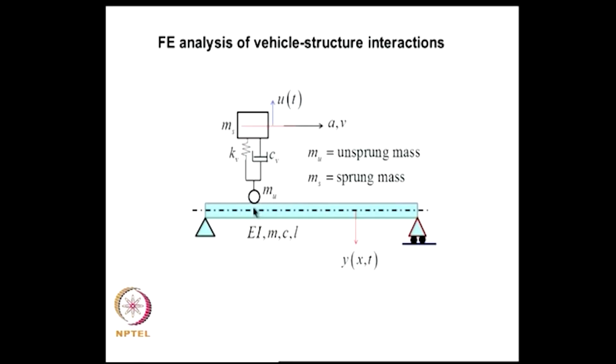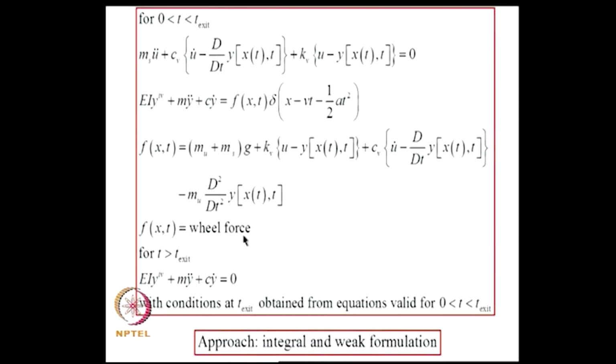Therefore, when I compute velocity and accelerations needed to characterize the spring forces and the inertial forces, we need to consider the total derivative. That is why we are writing capital D by dt of y of x of t, and this is the equation for the vehicle degree of freedom, and this is the equation for the beam oscillations.